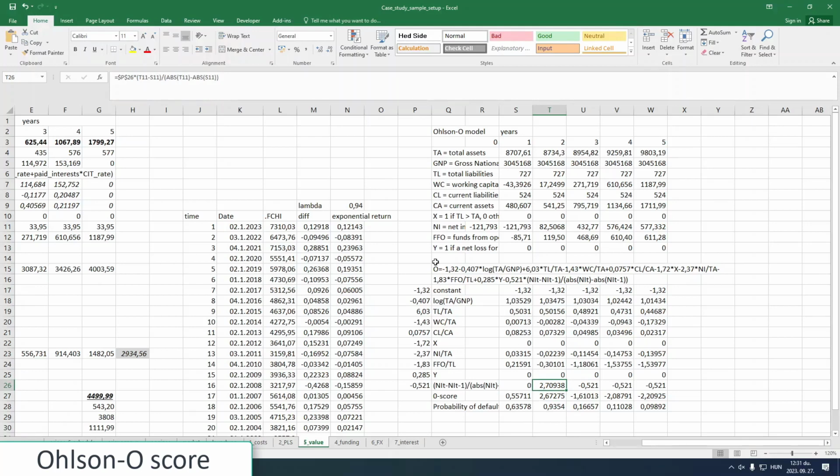T minus 1. T minus S. I can't see the bug. Why is there a bug?